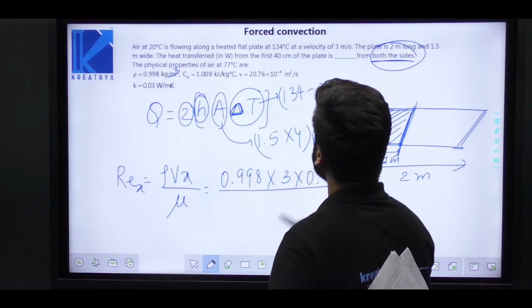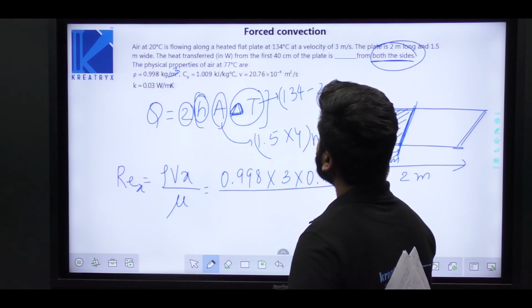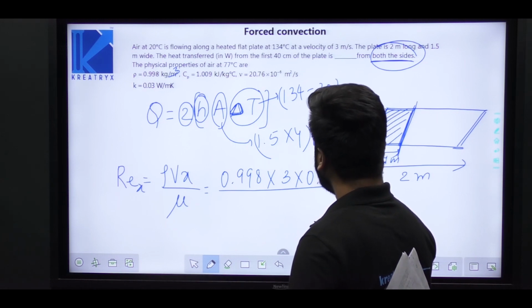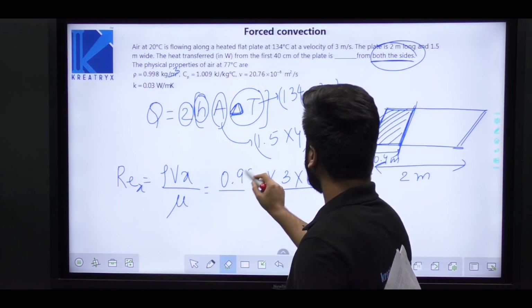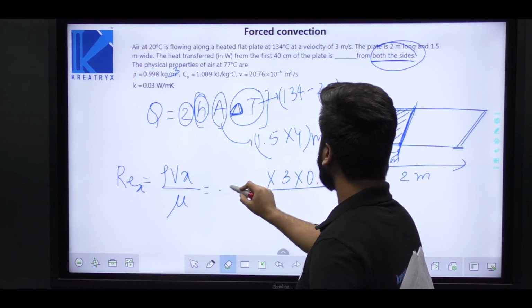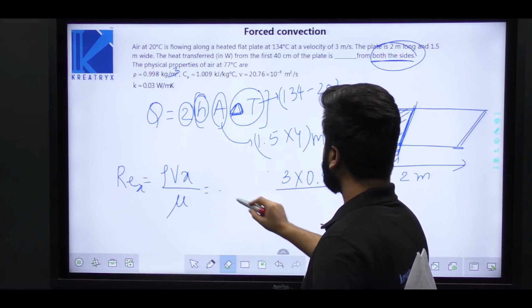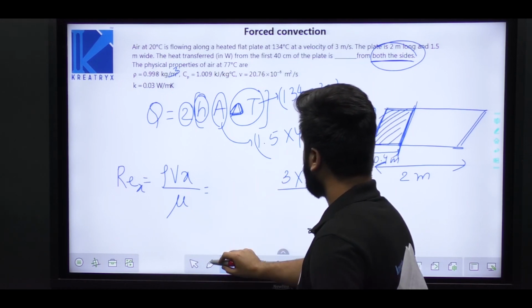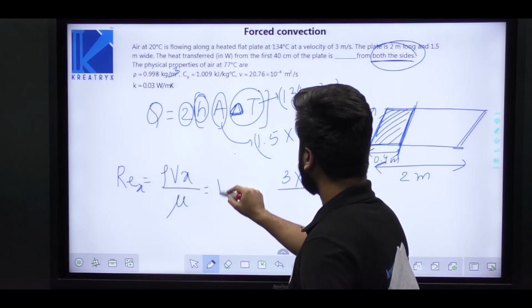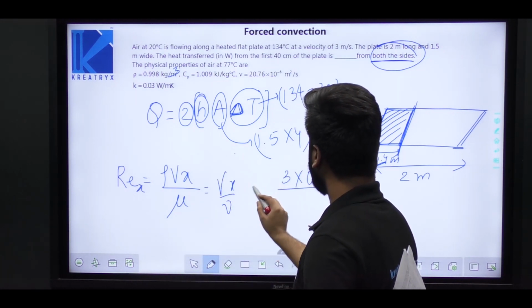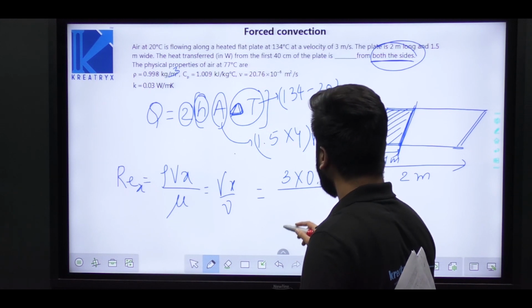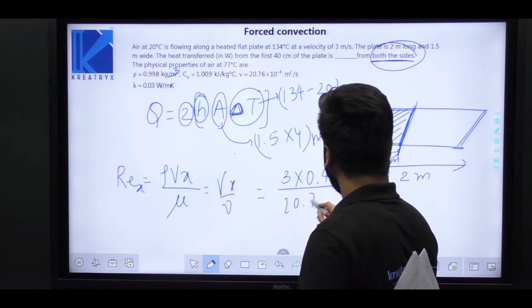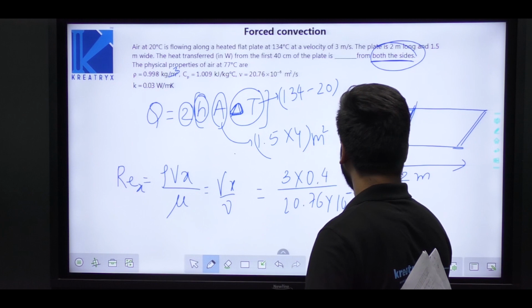And dynamic viscosity is not given. Kinematic viscosity is given. So it will be Vx by nu, which is 3 into 0.4 upon 20.76 into 10 to the minus 6.